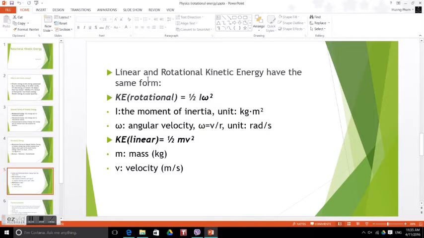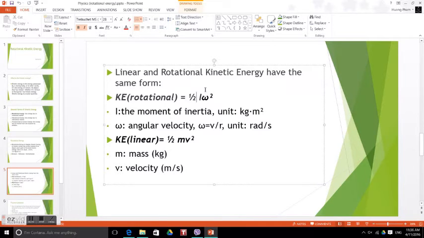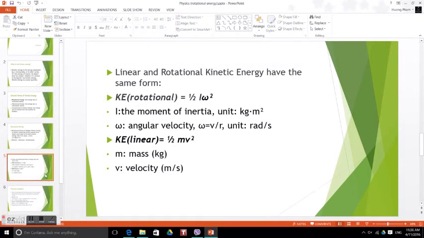So these two equations are parallel to each other. 1/2, I is rotational inertia and mass is linear inertia. Angular velocity squared and linear velocity squared.